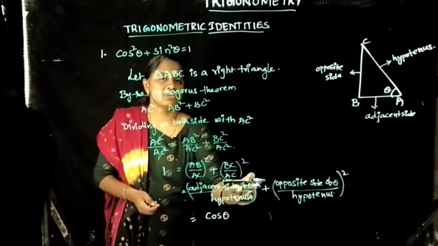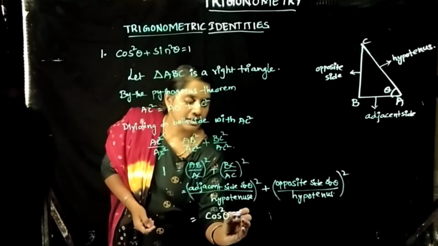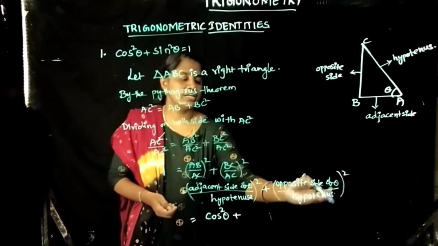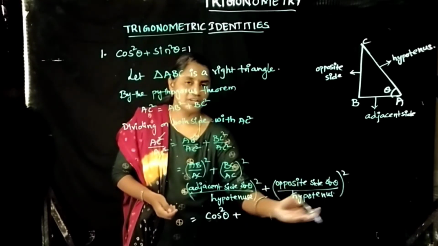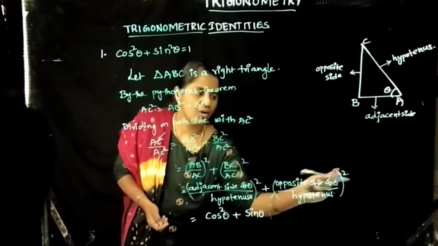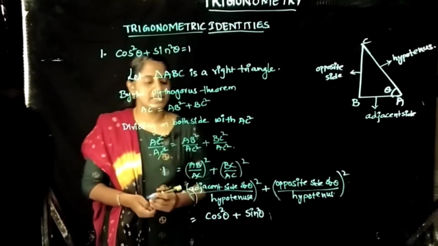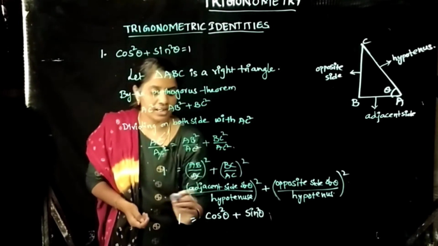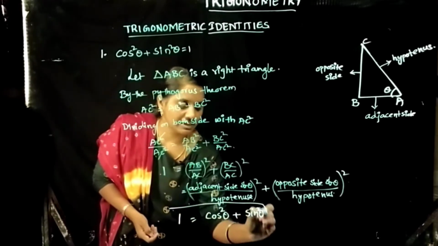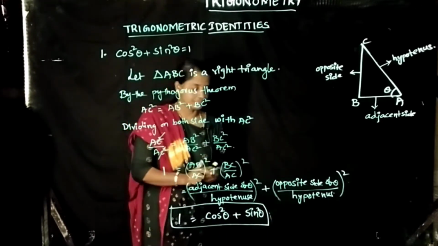Here square is there, so I write cos square theta. Opposite side of theta by hypotenuse is the definition of sin theta. Here whole square is there, so I write sin square theta is equal to 1. It is the first identity.